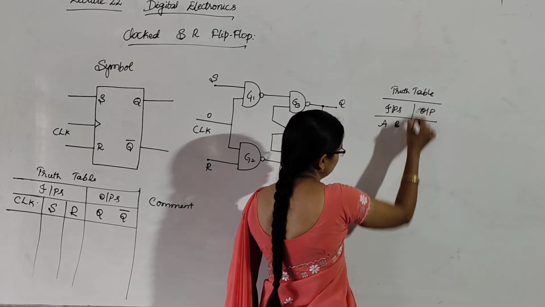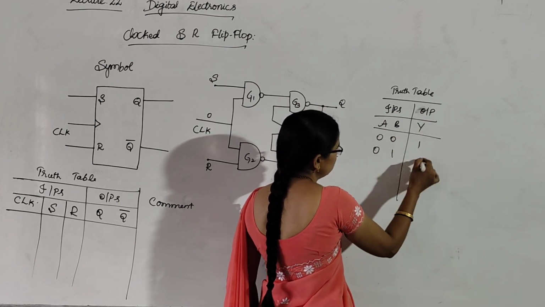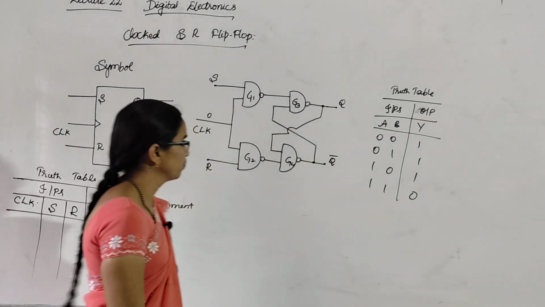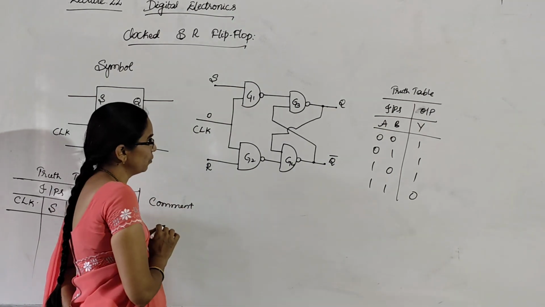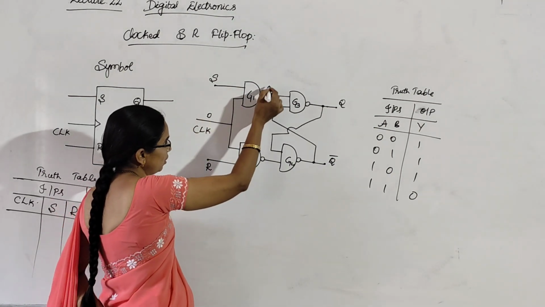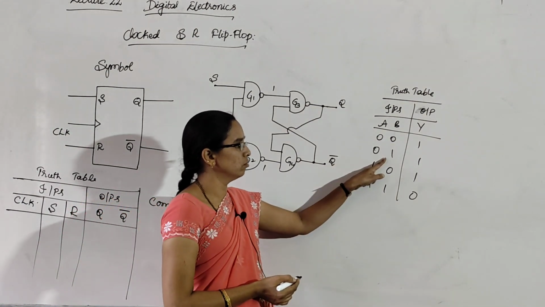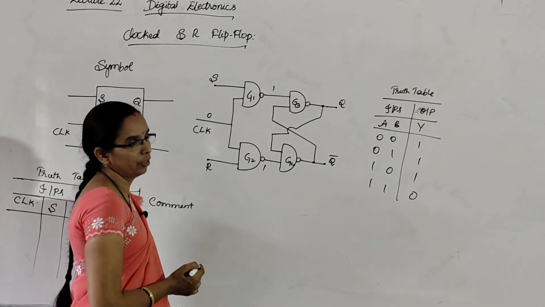A, B, Y. For 0, 0 it is 1; 0, 1 it is 1; 1, 0 it is 1; 1, 1 it is 0. Right? Whenever the clock signal is 0, the output is going to be 1 only. If any one of the inputs of the NAND gate is 0, the output will be 1 only.